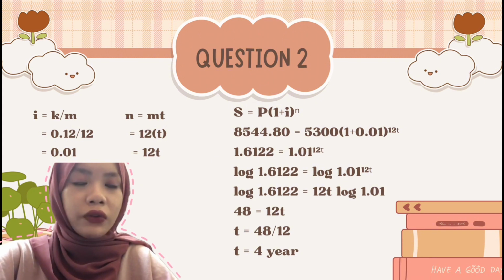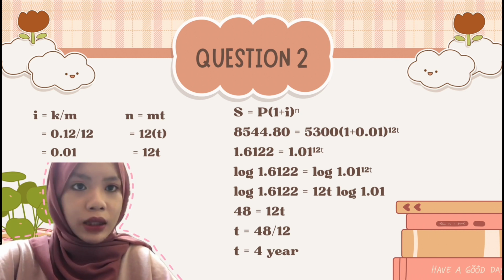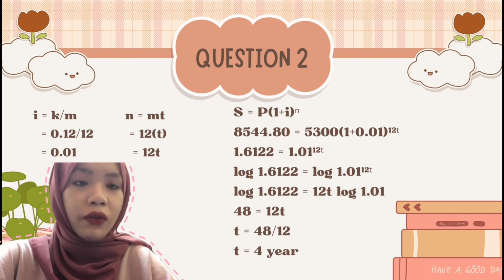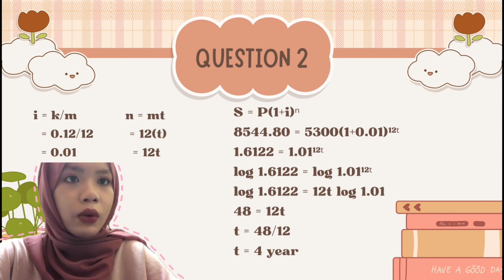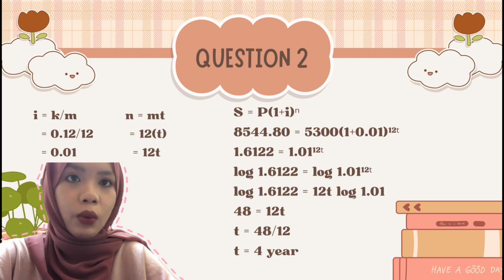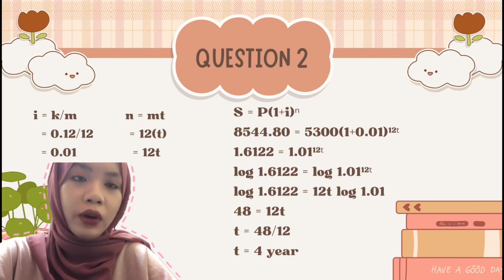We use the future value formula. S equals P bracket 1 plus i close bracket to the power of n. From the information, S is 8,544.80 and P is 5,300. So 8,544.80 equals 5,300 bracket 1 plus 0.01 close bracket to the power of 12 multiply t.